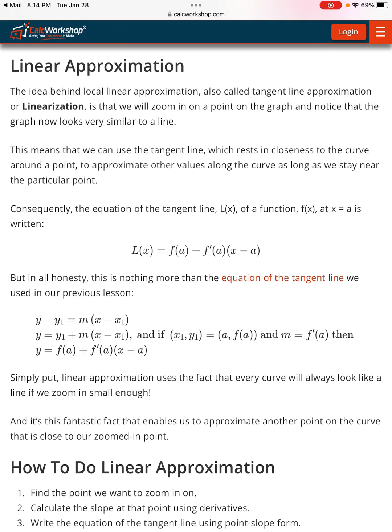So if you have a curved graph and we want to know what's happening at a single point, if we zoom super close in on that point, we now have a line and we can deal with lines. We know how to write formulas for lines.